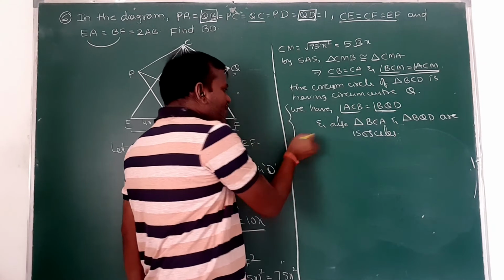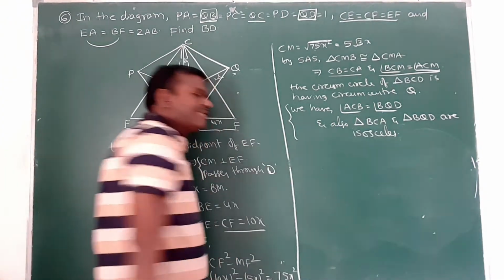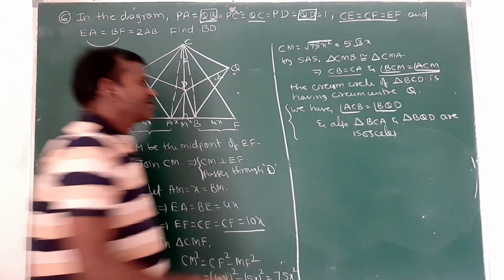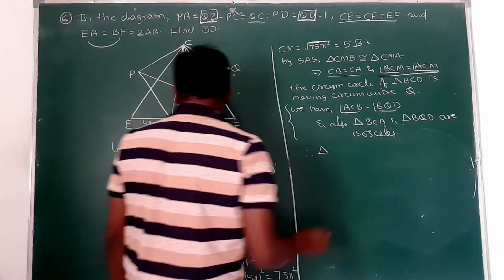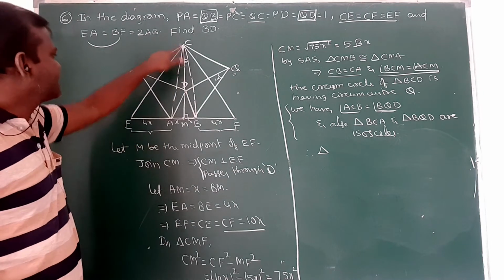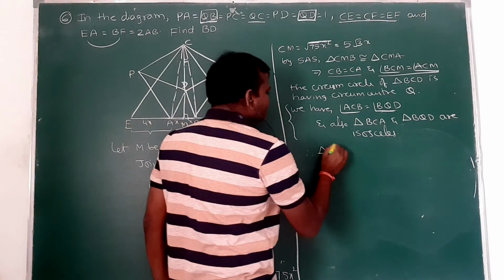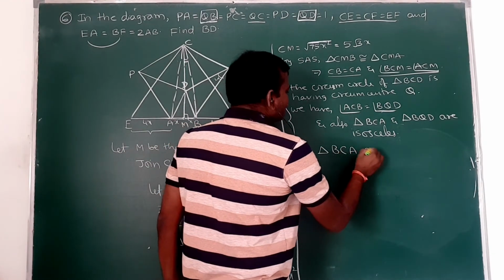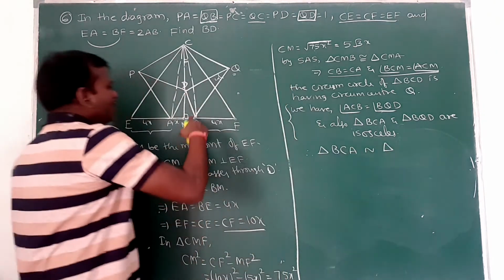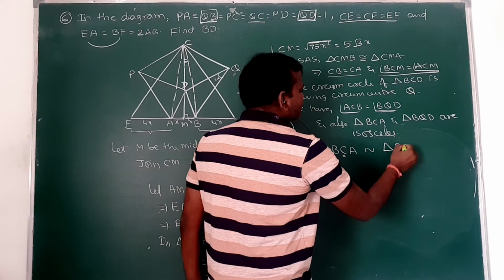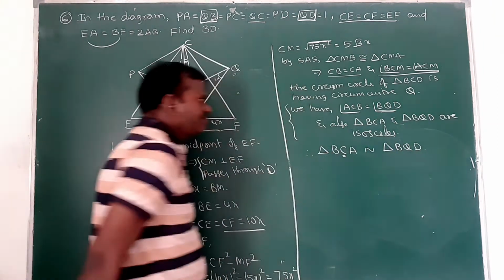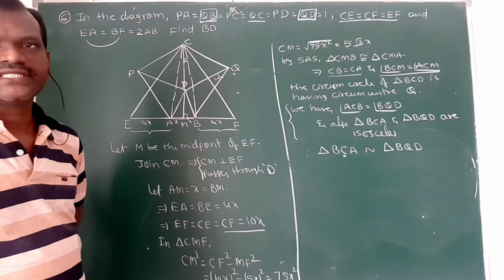From these two properties, we have these two triangles are similar. So, therefore, triangle BCA is similar to triangle BQD. Why? Because at C and at Q angles are equal.